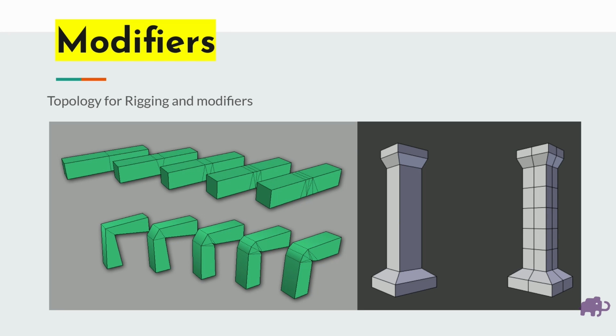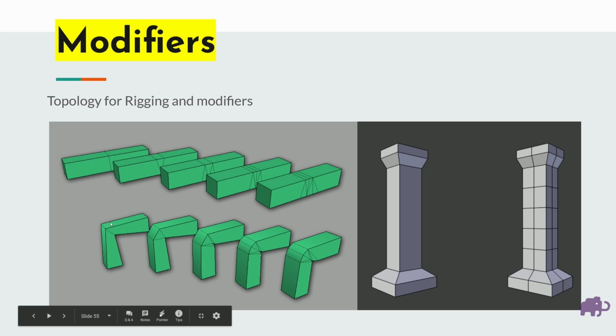All right, so the next one is kind of the opposite of what I was talking about before, but if we're actually animating something, there's a situation where we do want the geometry to be more even, with those extra subdivisions in it. So if we want this guy to act like a knee, right?